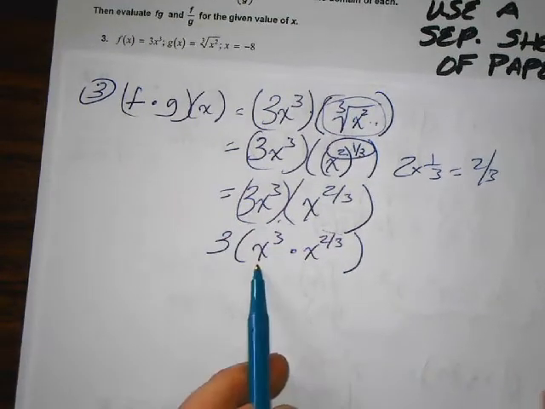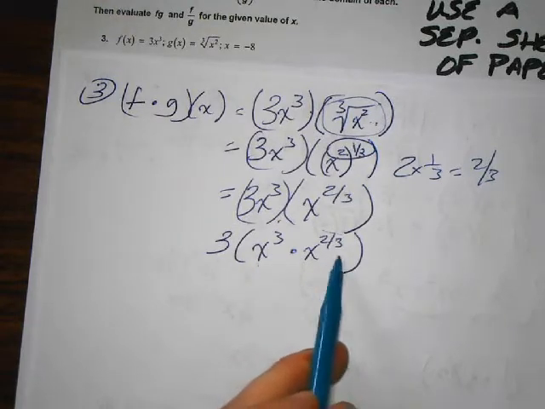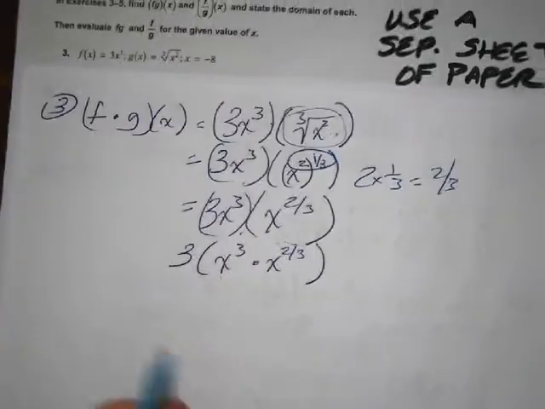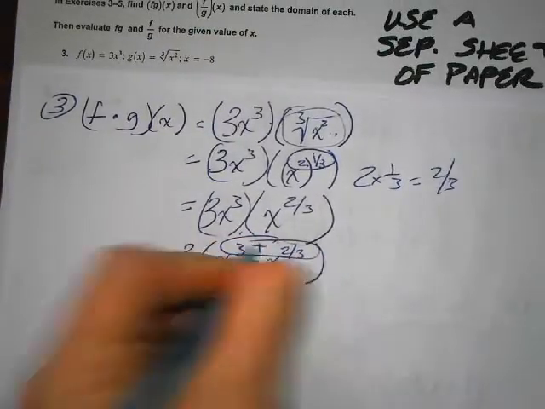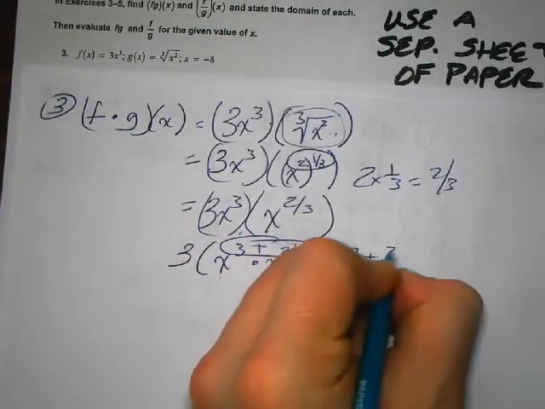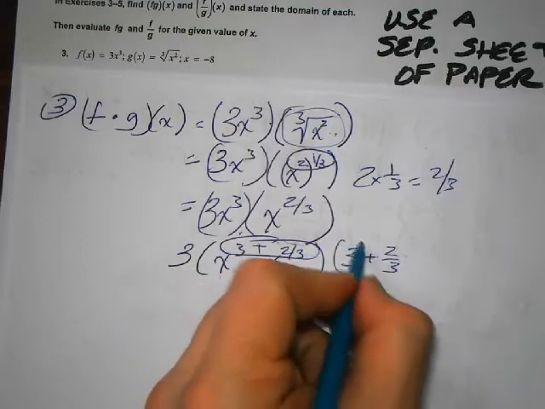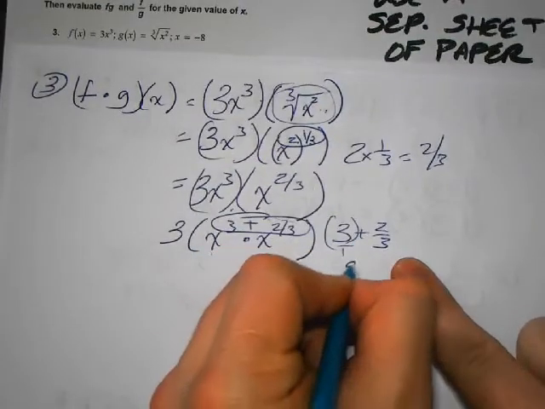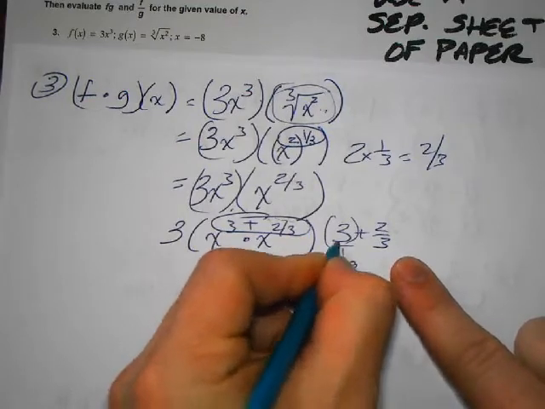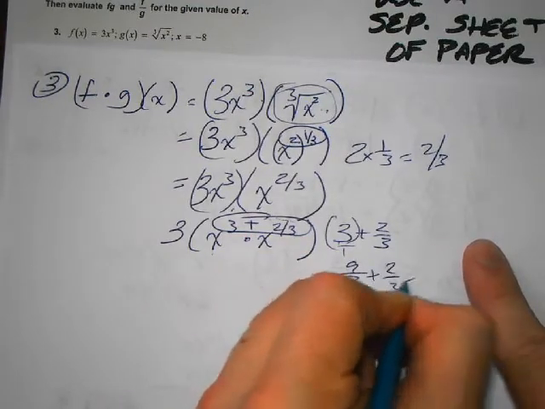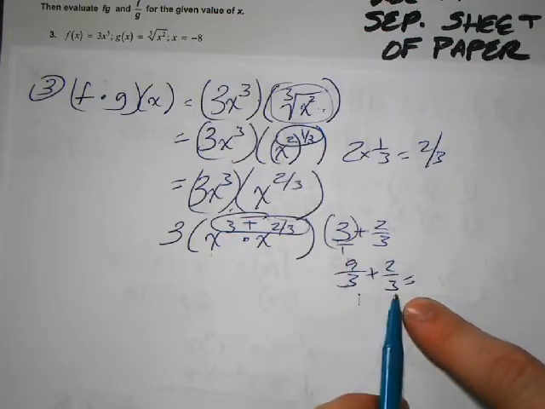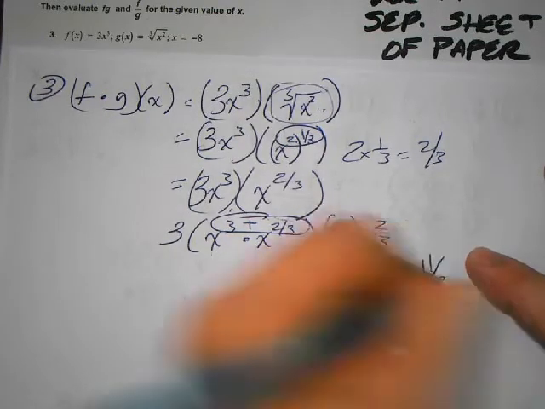And when I have a product of powers here, I can just add my exponents. So 3 plus 2/3. I can rewrite 3 as an equivalent fraction of 9/3, because 9 divided by 3 is 3. And what that'll do is give me a common denominator. 9 plus 2 is 11, and then we're going to have 11/3.